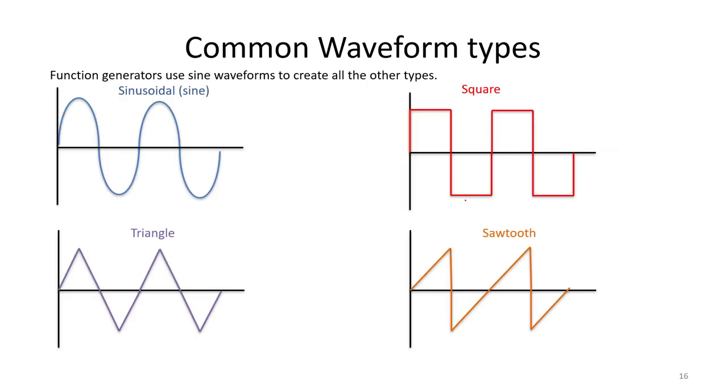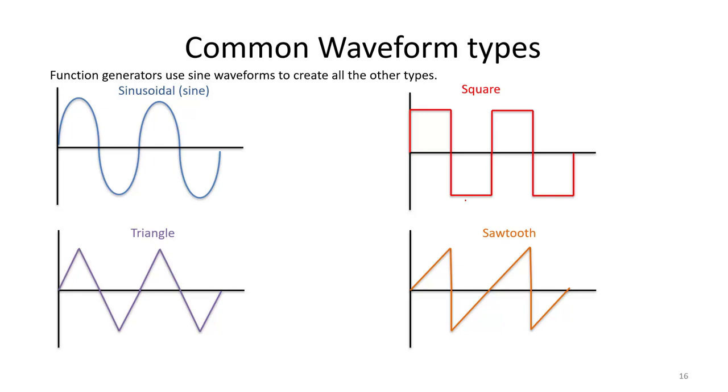All right, so we mentioned that waveforms are very important when dealing with different types of AC or sinusoidal inputs. And so the function generators that we use in circuits class and in electrical engineering commonly make waveforms of these different types.